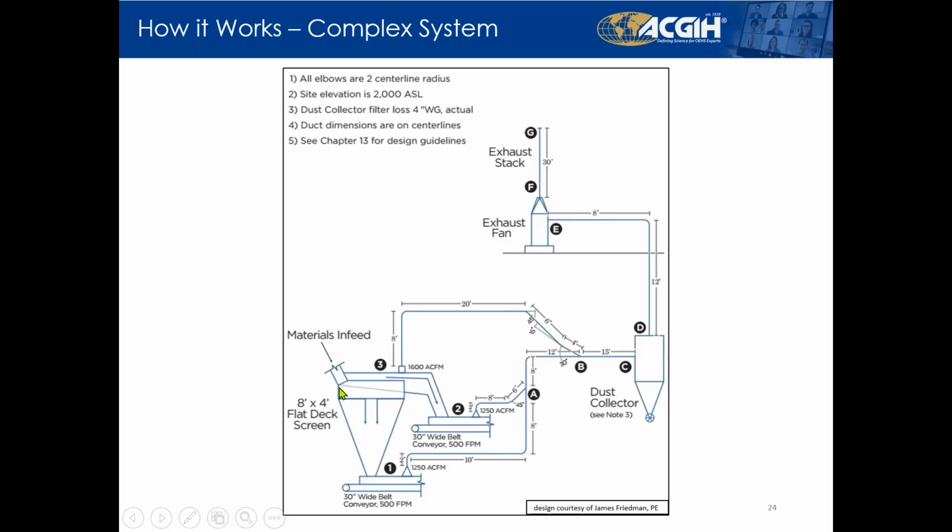Now the overs for our screening process, that's the material that is not dropped through the screen, are dropped down onto conveyor belt 2. Conveyor belt 2 is then exhausted through hood number 2, which is ducted up and intersects the main duct at point A. Then the screen itself is ventilated at hood number 3, and hood number 3 is ducted and joins the main duct at point B. And then again from there, everything goes to the collector, collector to the fan, fan to the stack.